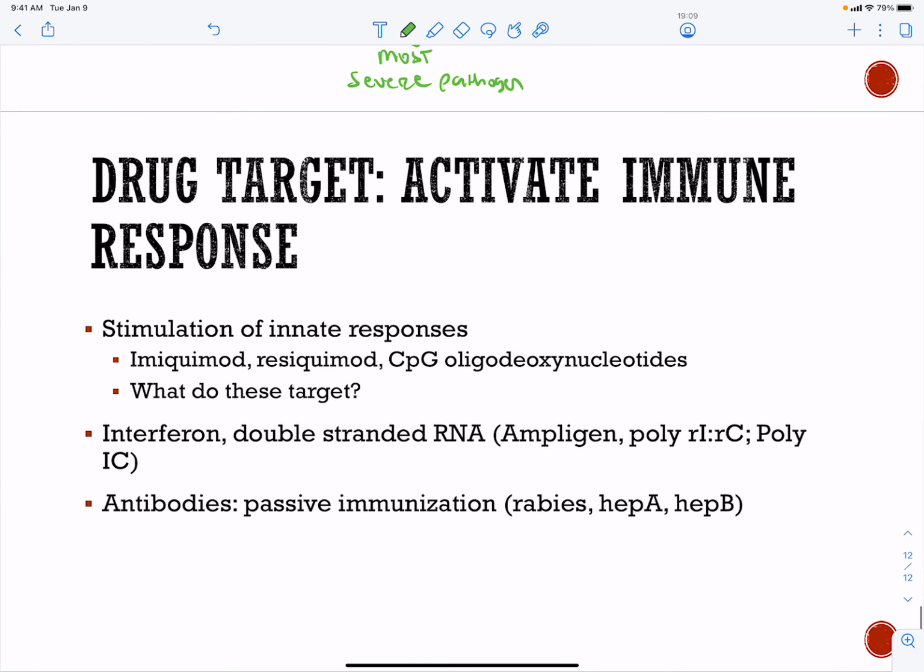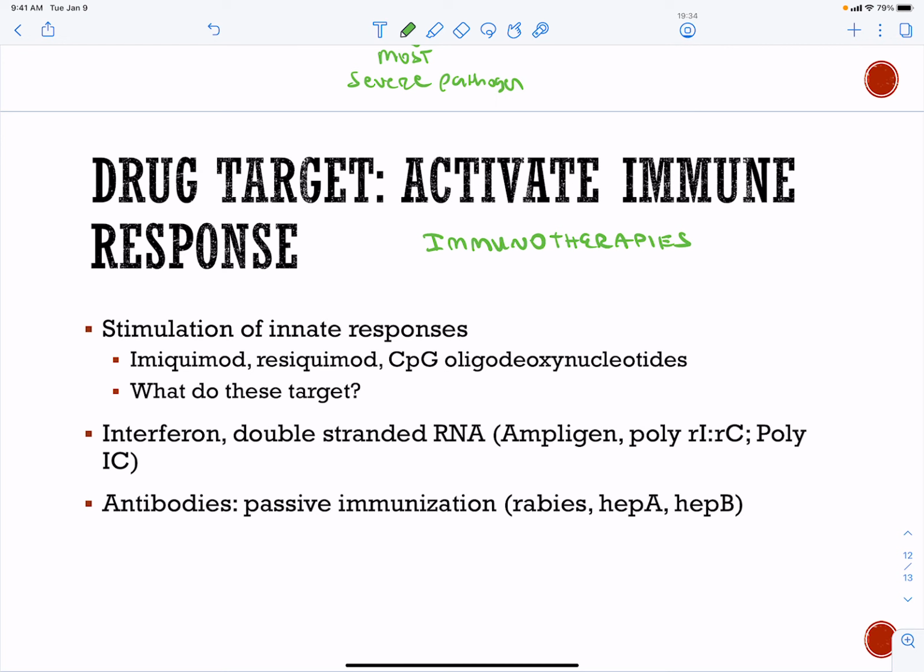And then to activate the immune response, so stimulation of the immune system, is immunotherapies. And it's thought that if you can stimulate the immune system through these immunotherapies, you can sort of get the adaptive response, and especially your T cells, going again.